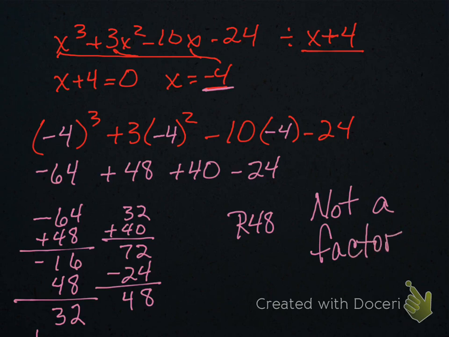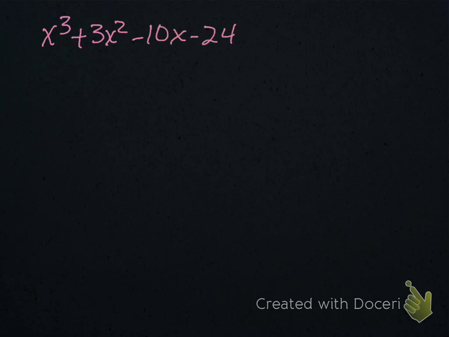Alrighty. Alright, let's look at number 8. Again, x cubed plus 3x squared minus 10x minus 24. We want to know, is x minus 3 a factor? Again, we're going to take my divisor, the x minus 3. Remember, this only works if it's linear.